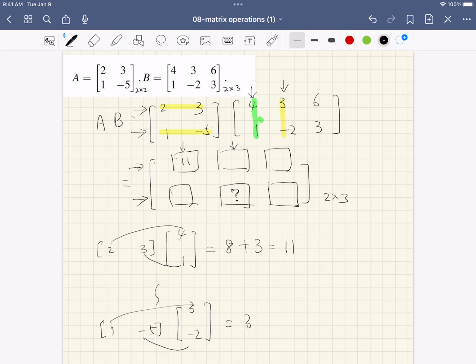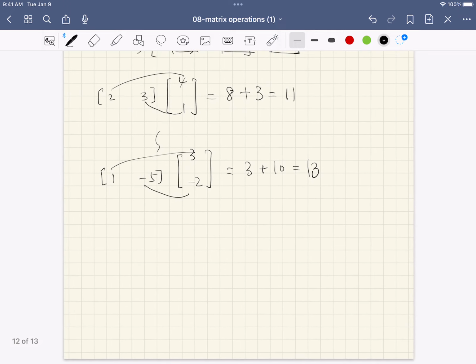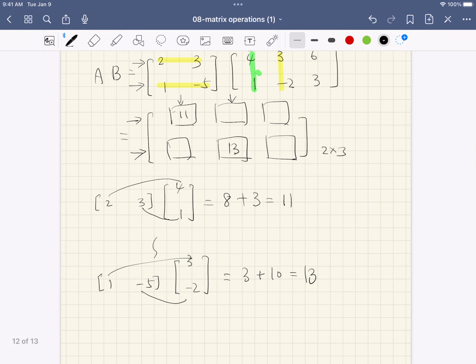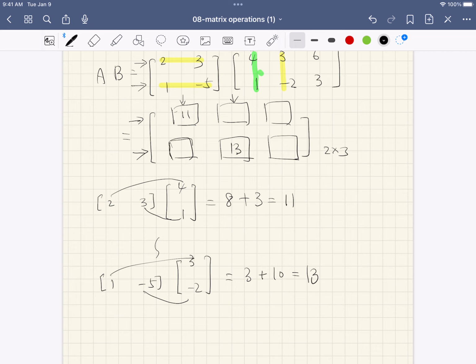Negative 5 times negative 2 is positive 10. So the result is 13. I'm going to leave the rest of them as an exercise.